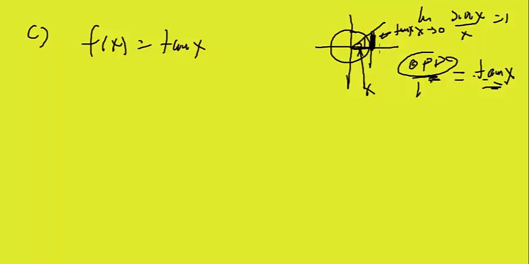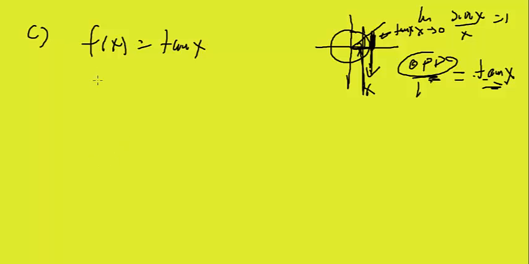But what a coincidence, this is the line that touches the circle at one point. That's why it's called a tangent of x. If it cuts at two places, it's called a chord.